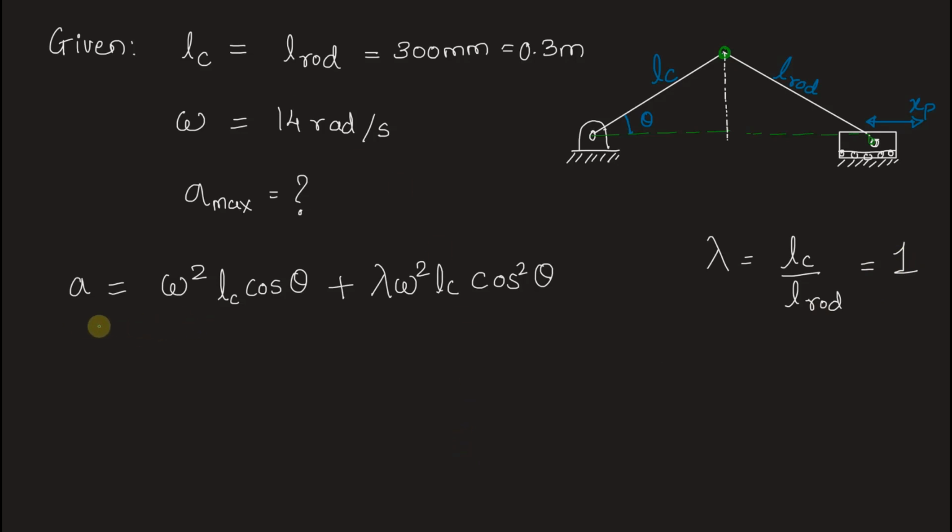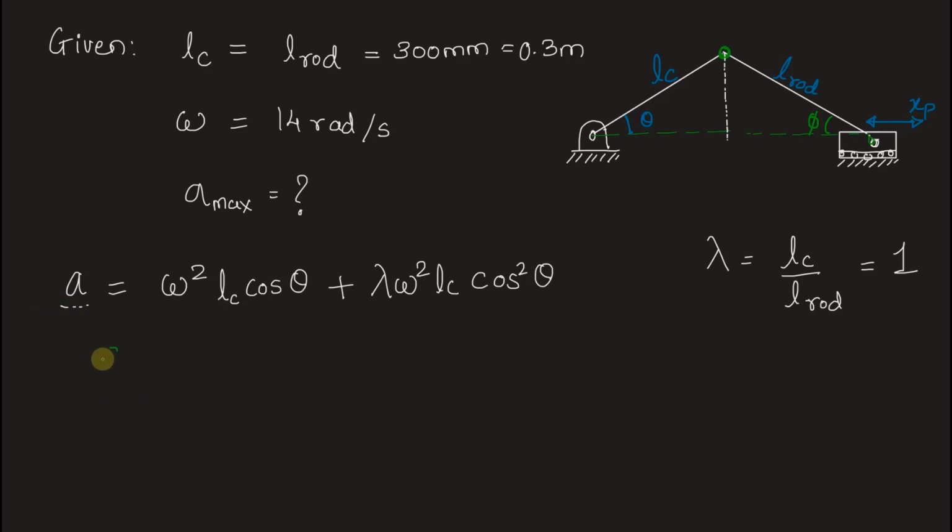Also, to know how this acceleration expression is derived, you can refer to the NPTEL video that I will mention in the end. So by taking phi in terms of theta and then substituting this ratio LC by L rod as lambda, also using trigonometric series, this acceleration of slider can be derived.